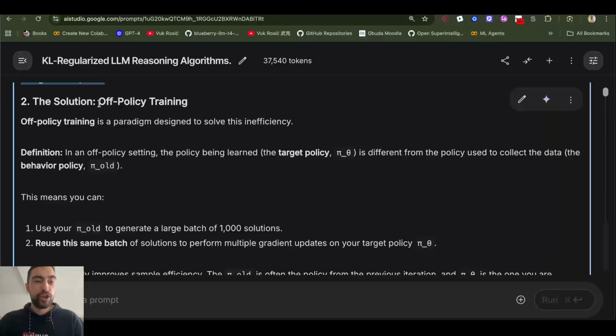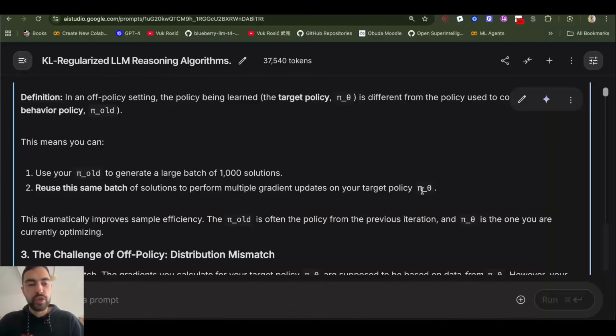So the solution is off-policy. In off-policy, the LLM that's learning is different from the LLM that's generating data. So now you can use the old policy to generate 1,000 solutions, but you can use those 1,000 to do multiple gradient updates to the new policy that you are changing.